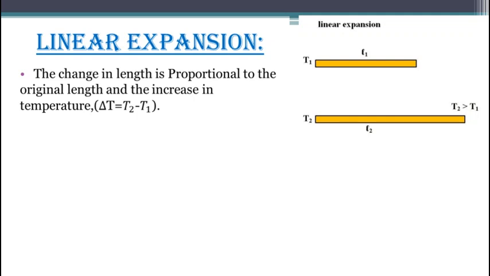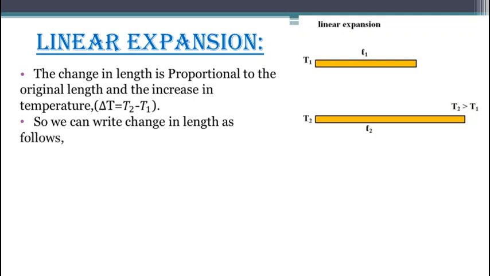L1 to L2 on heating. The change in length is proportional to the original length and the increase in temperature, that is delta T, and delta T is nothing but T2 minus T1. This is the temperature difference.